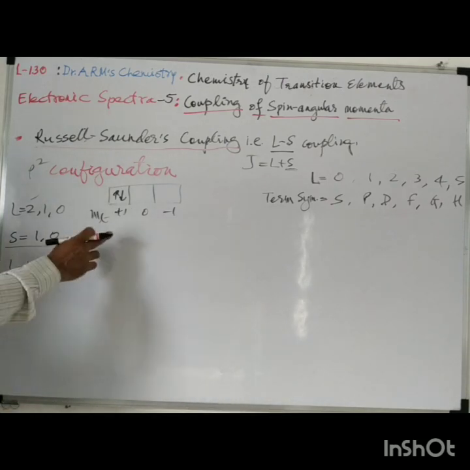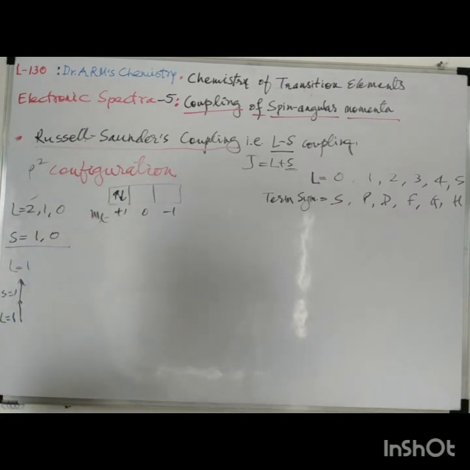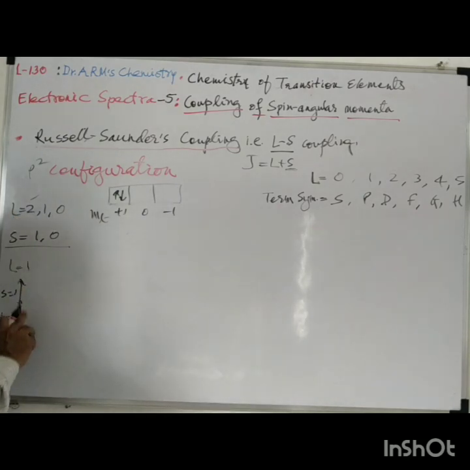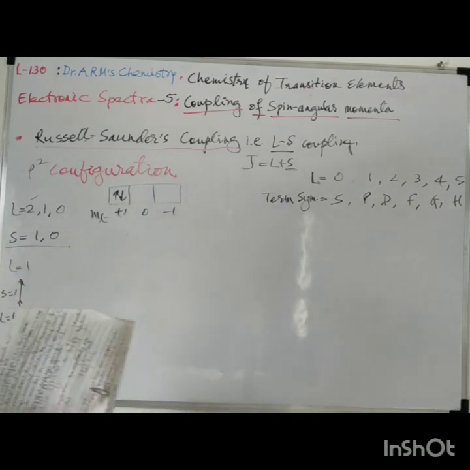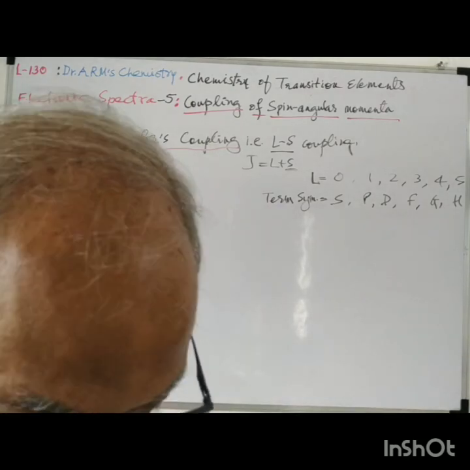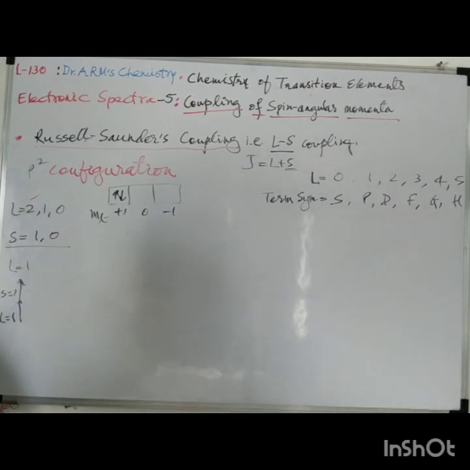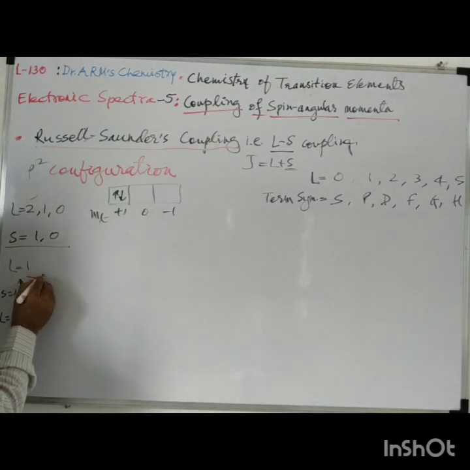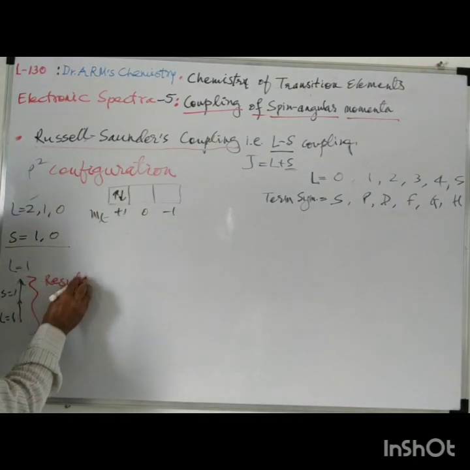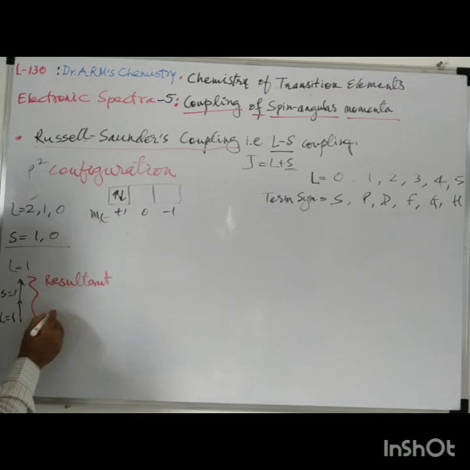In the previous section we saw this maximum value 2, therefore this arrow was doubled. Now the resultant is J is equal to 1 plus 1, that is equal to 2.